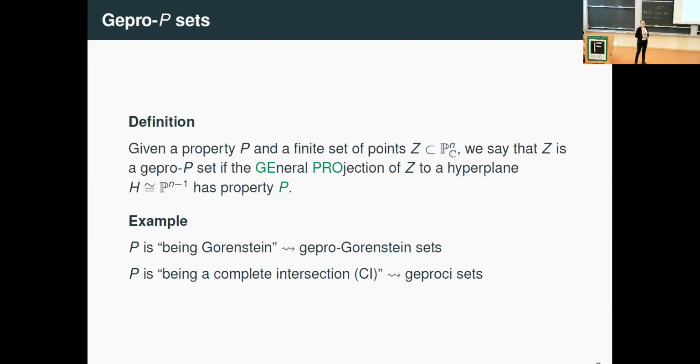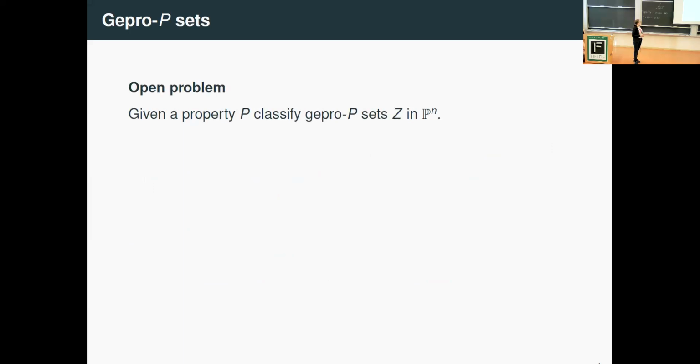So for example, we can think of the property P as being Gorenstein, and then we can speak of Gepro-Gorenstein sets. We can also say P is being a complete intersection, so CI, and that is how Geproci sets come from. There are lots of open problems connected with Geproci sets.